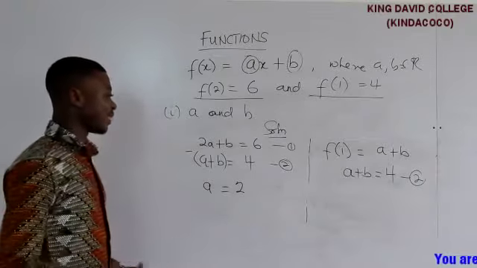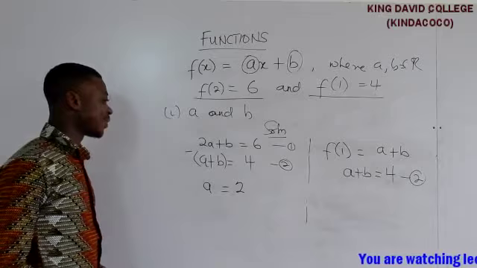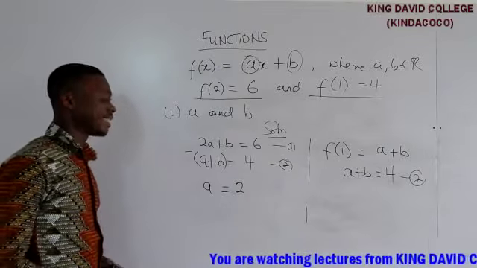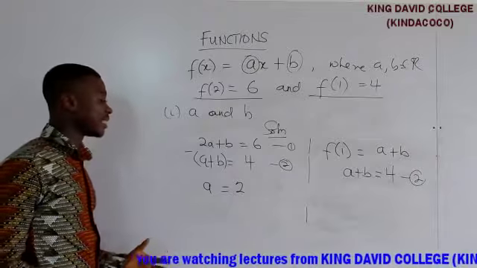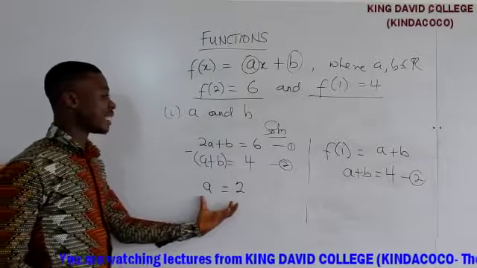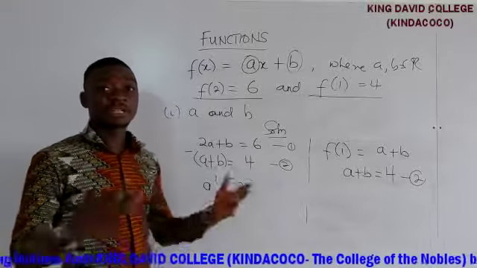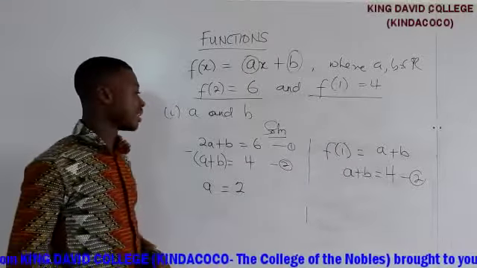We have the value for a now, and knowing a, it becomes relatively easy, because all I need to do is put a in either this equation or the very first equation. Any of them works.